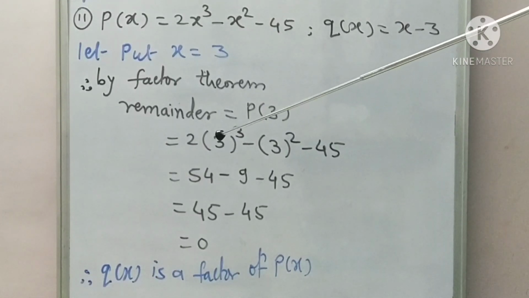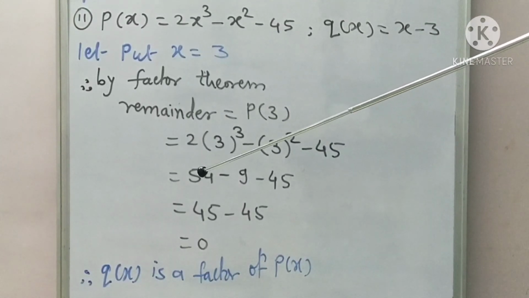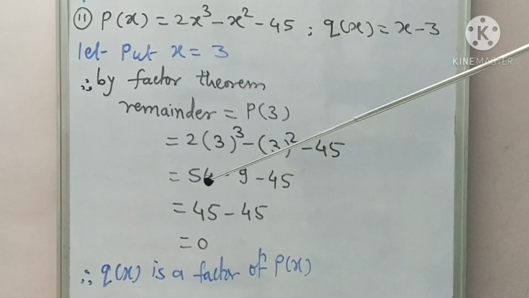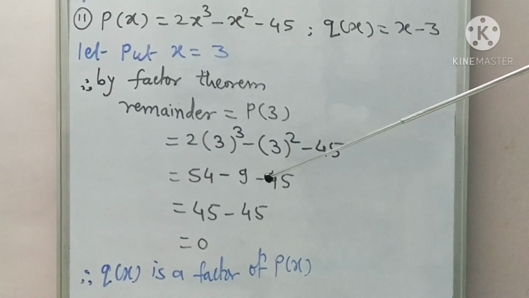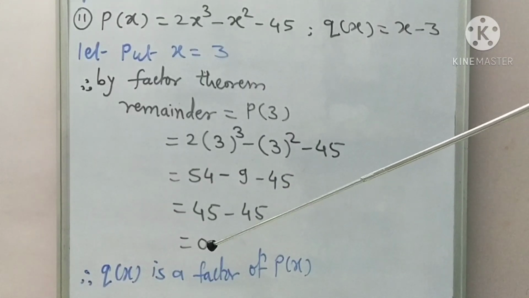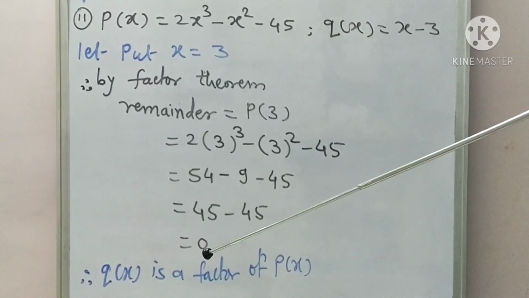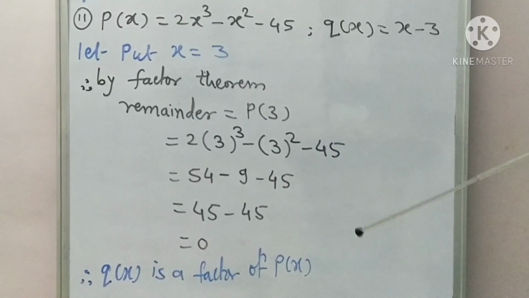Cube of 3 is 27, into 2 is 54, minus square of 3 which is 9, minus 45. We do the subtraction first: 54 minus 9 is 45, minus this 45 gives 0, meaning the remainder is 0. And if the remainder is 0, then by the factor theorem we say that q of x is a factor of p of x.